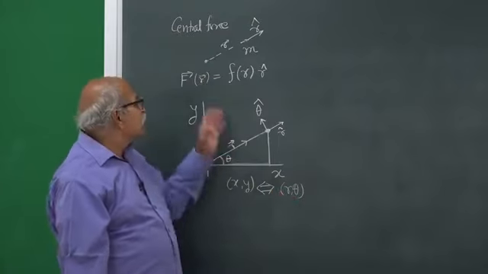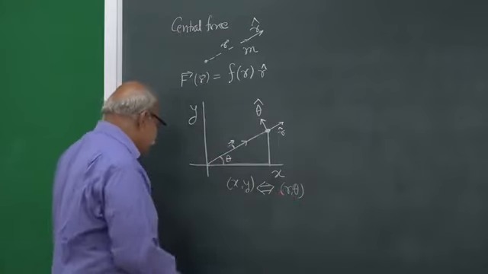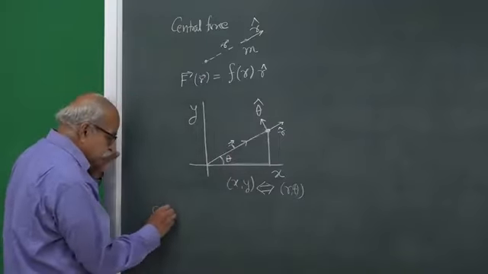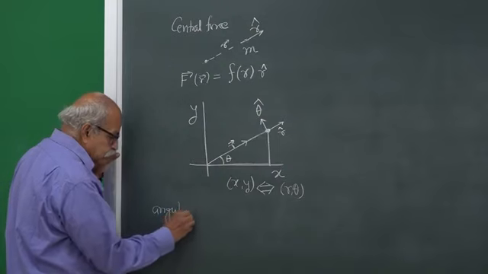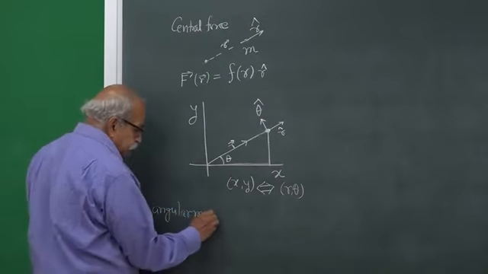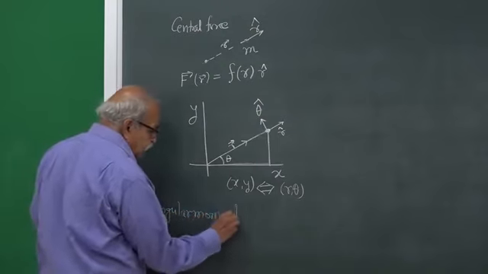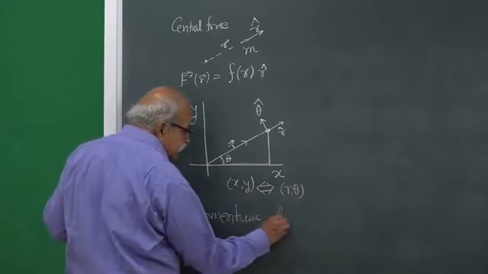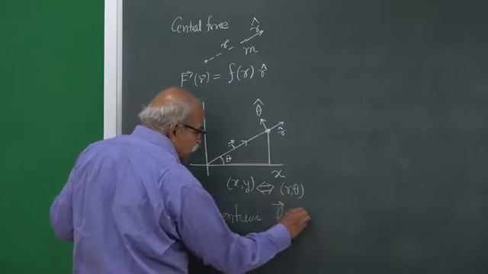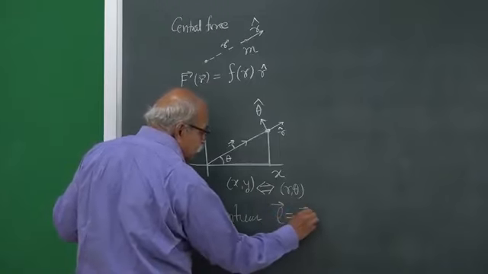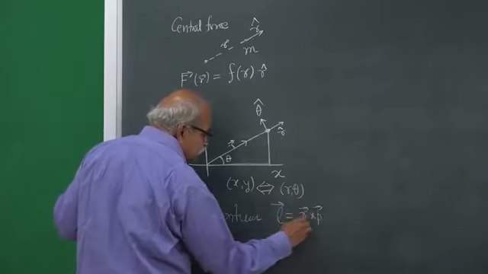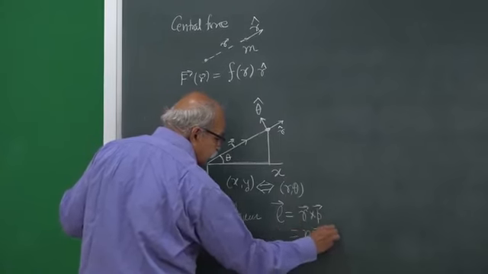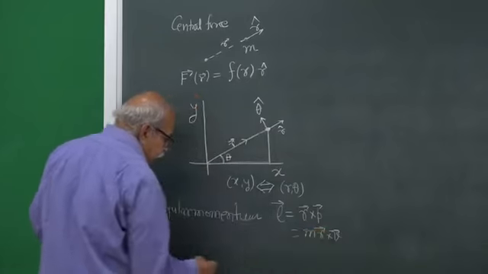Let us come back to our angular momentum. The angular momentum of this particle at time t is given by L equal to r vector cross p vector, that is mass times r cross v, and the torque.